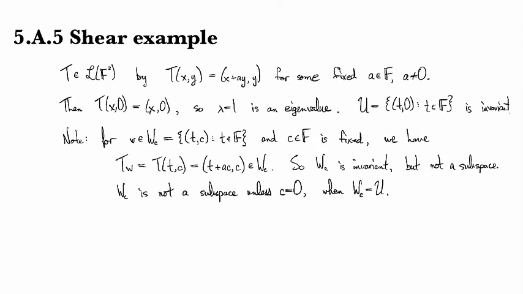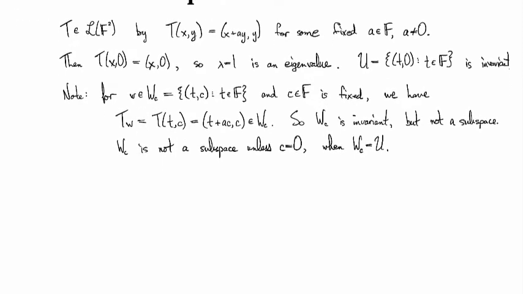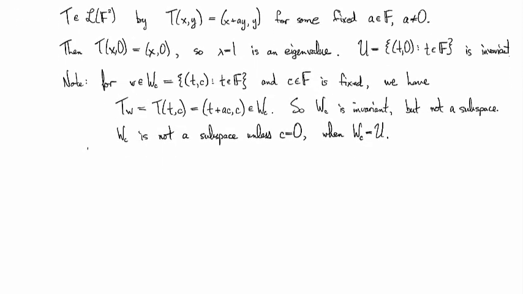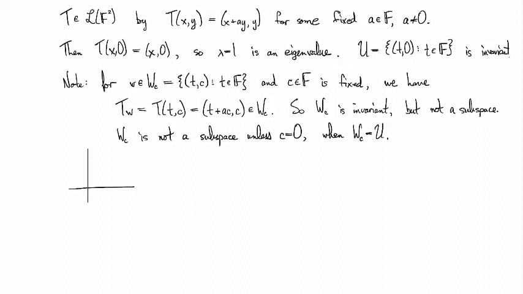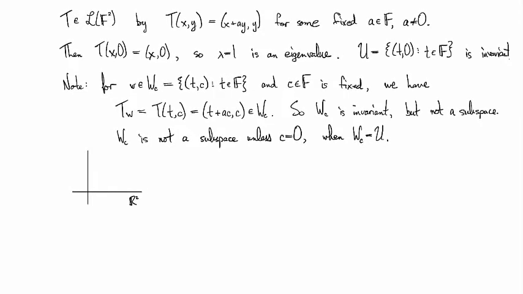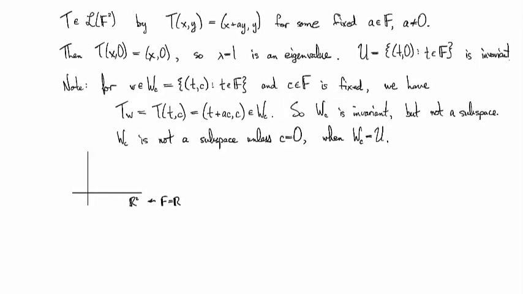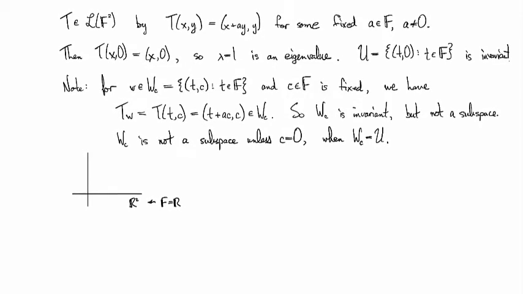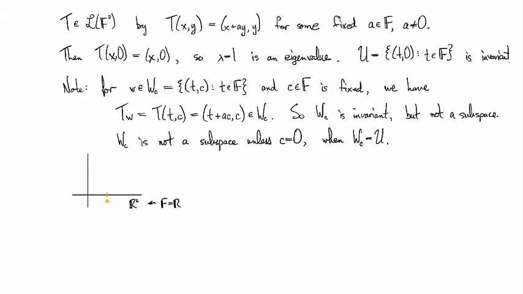All right. So the picture that we've got in this situation is something like this. I'll look at R2, so this is the case when F is equal to R, because then I can actually draw it. And suppose that A is this one right here.